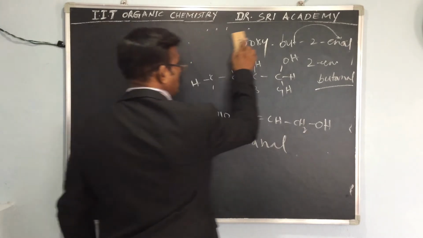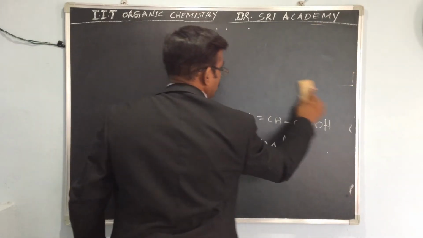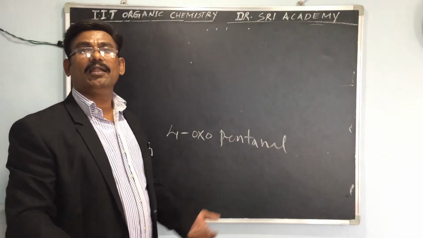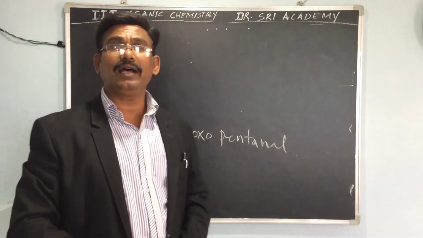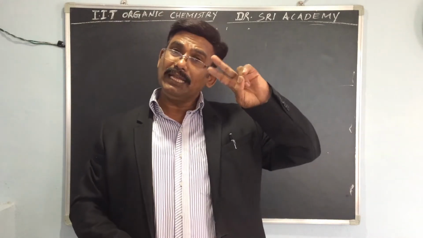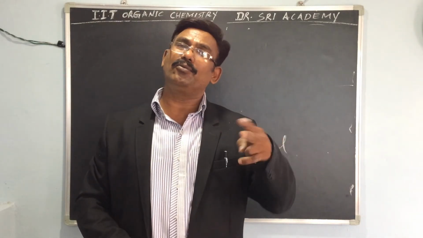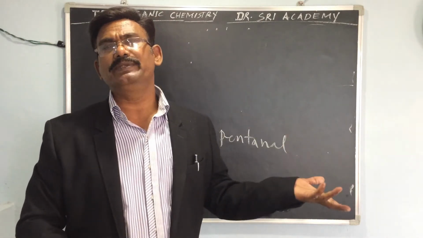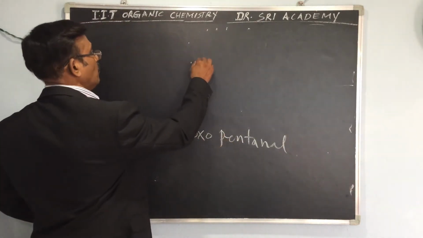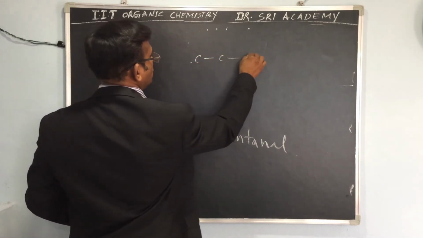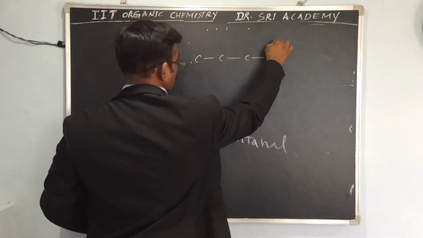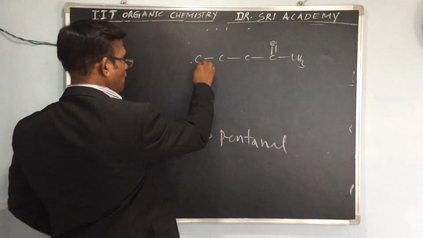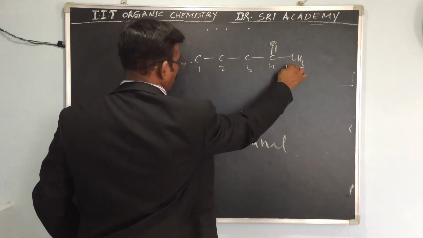Oxo here is not formyl. Oxo means the keto group. So 4-oxo means the fourth carbon contains the keto group. So carbons 1, 2, 3, 4, 5.